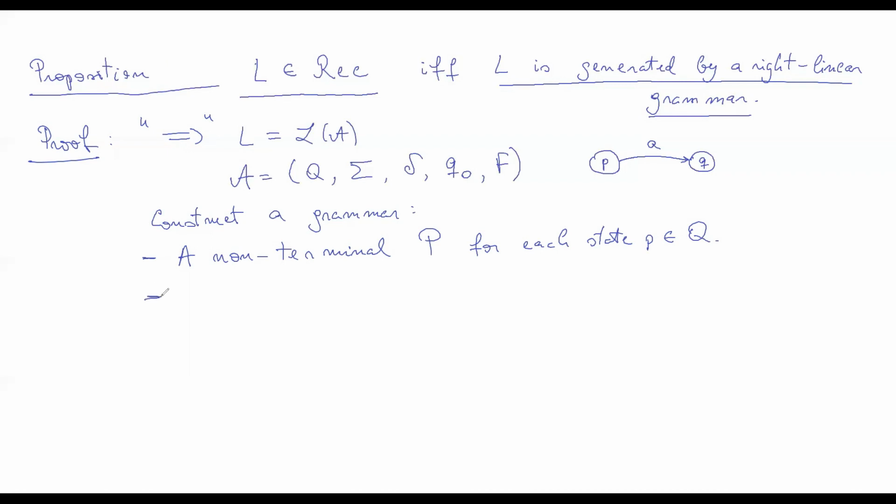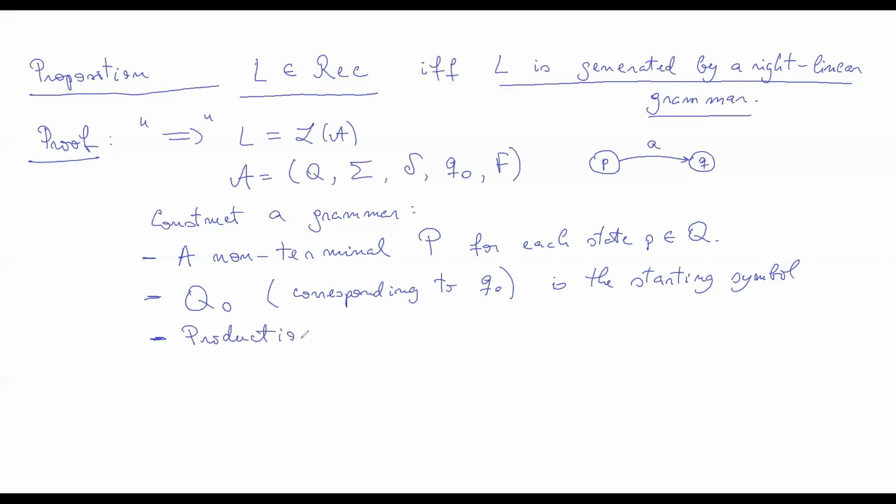The other idea is that the non-terminal corresponding to Q0, which corresponds to the initial state, is going to be the starting symbol. And productions, I will have something like this.